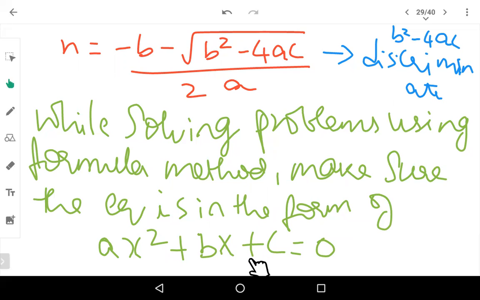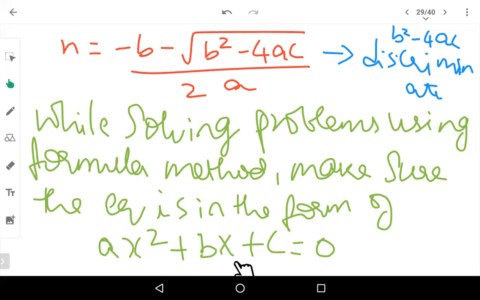But make sure it is in this format of ax square, and then bx is there and c is also there. Why does this have to be there compulsorily? Because if you see the formula, you have a, you have b being used, and also c is being used. So that is why a, b, c we are going to use here in the formula. The coefficients of x square and x plus the constant will be utilized.